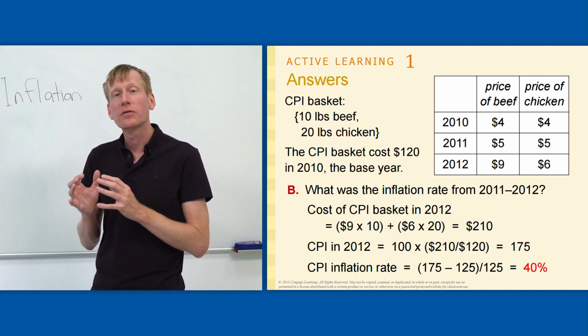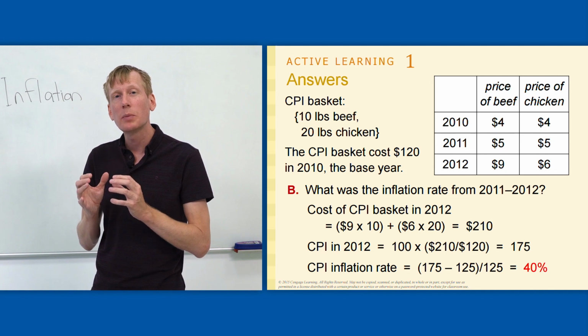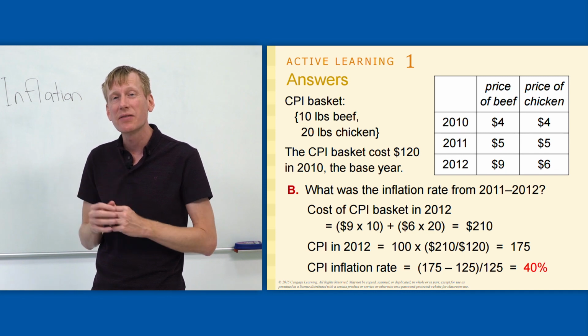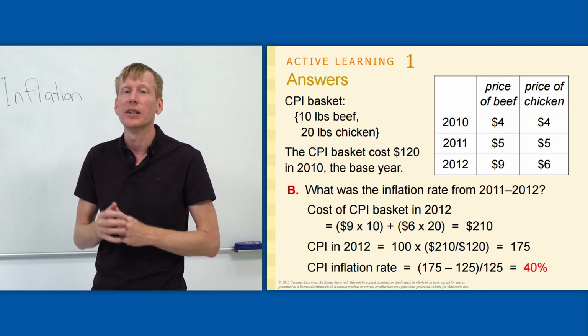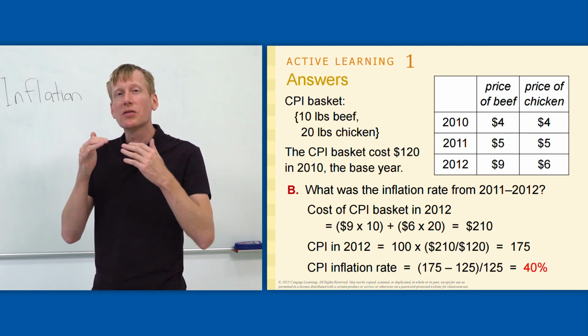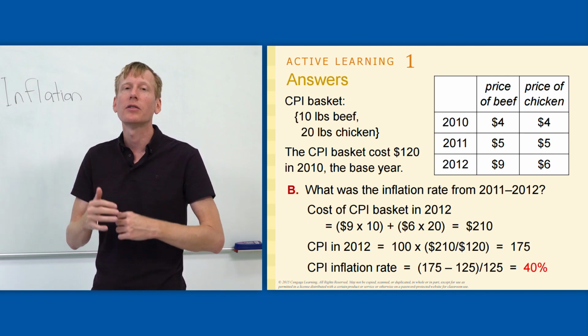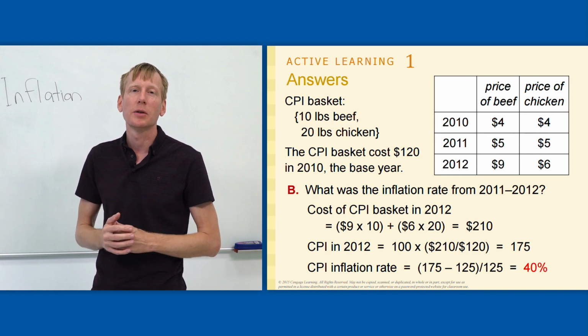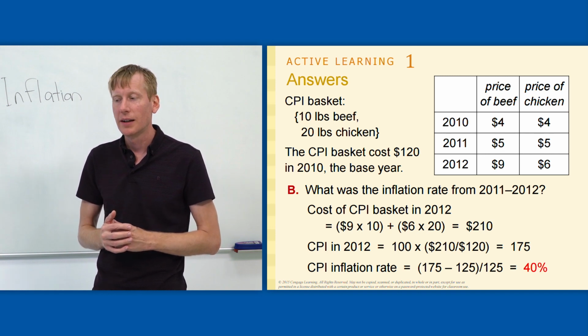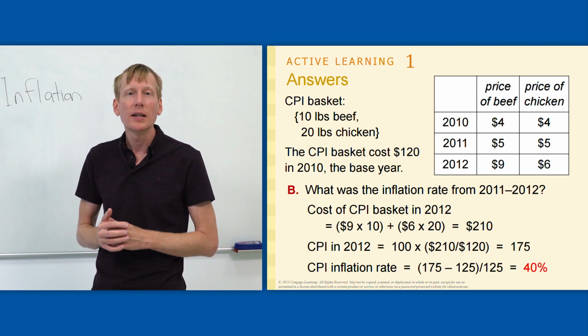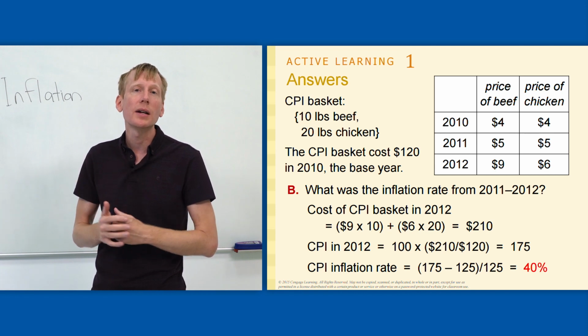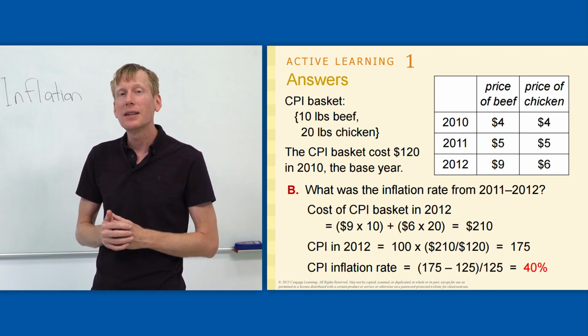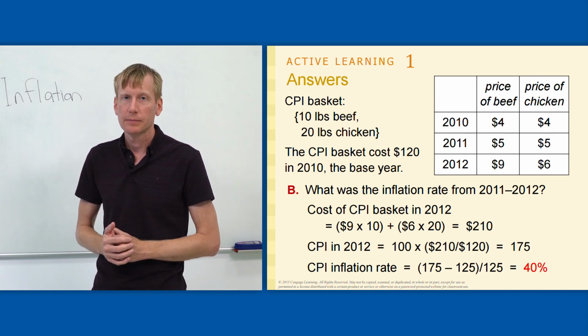If we calculate our inflation rate as we move from a CPI of 125 to 175, with a difference of 50, the percentage change is 50 divided by 125, our CPI value in 2011. For a CPI inflation rate, which may be different from what we would estimate using a GDP deflator, we'll get to this in a little bit, of 40%.